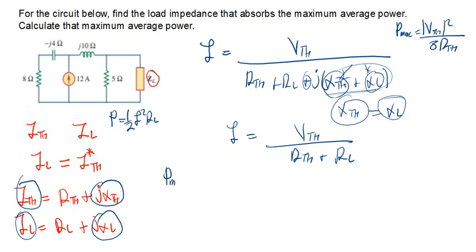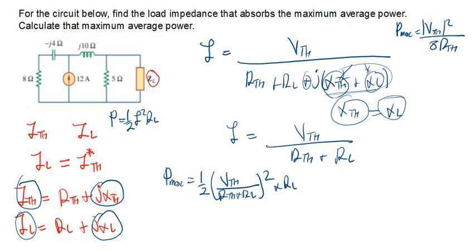P max is equal to 1 over 2, where there's I, I'm going to put V Thevenin divided by R Thevenin plus the load resistance, squared, multiplied by the load resistance again.